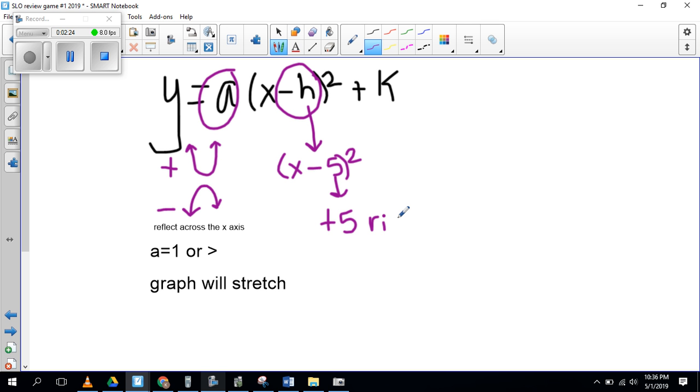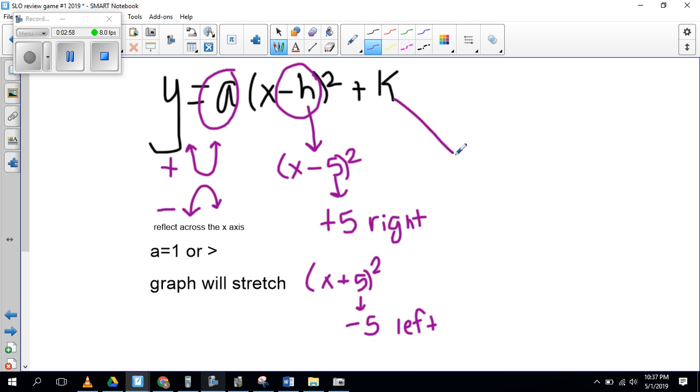But pull it out and change it, and it tells you which direction. So let's say we got x plus 5 squared. We're going to pull it out of the parentheses, and it changes to negative 5. So negative 5 would go to the left. So always pull your h out, change the sign, and it'll tell you which way it goes. Once you change it to a positive, it'll go right. If you change it to a negative, it'll go left.